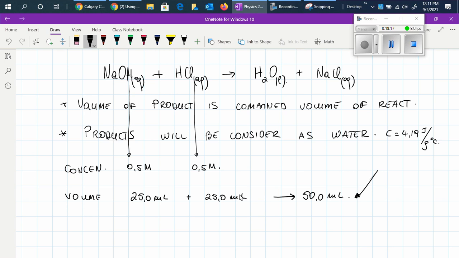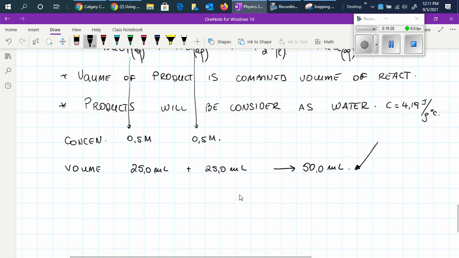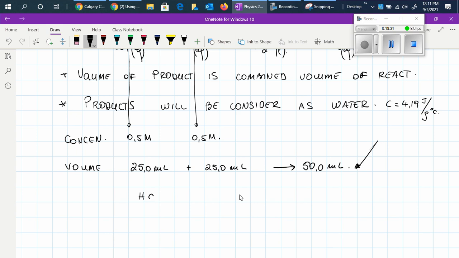Okay, good. So now we start solving it using the conservation law of energy. So heat gained is equal to heat lost. What is gaining is the surroundings, or the product side, and what is losing is the reaction, the chemical system.